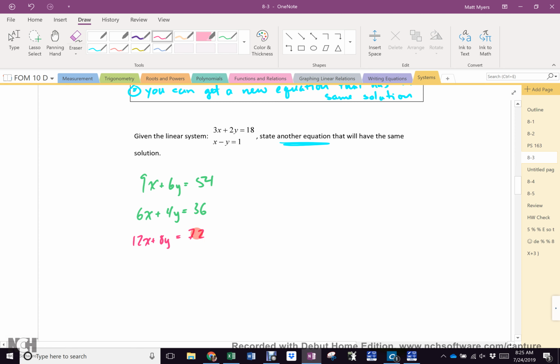$72. Now, everybody's done the same thing. I said there were three options. Give me one that isn't multiplying. Good. Give me another one.